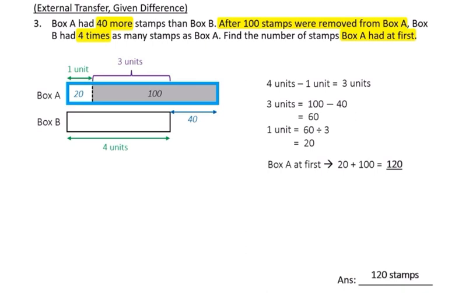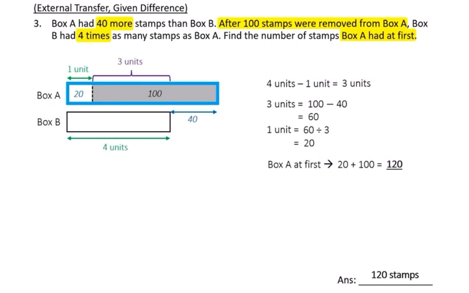Understand? I did another method, but I got the correct answer. I did 100 minus 40, 60. 60 divided by 3, 20. Then 20 times 4, 80. Then 80 plus 40, 120.